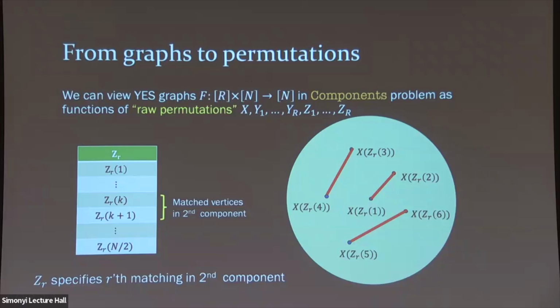That's believable. And the point is that if you sample X, Y's, and Z's uniformly at random, that will give you a uniformly random instance of a graph instance of the yes code.